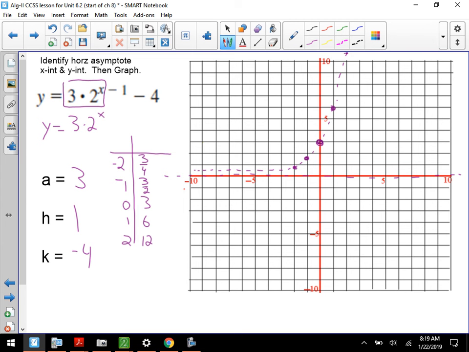I know that we have a new horizontal asymptote. We'll be at y equals -4.